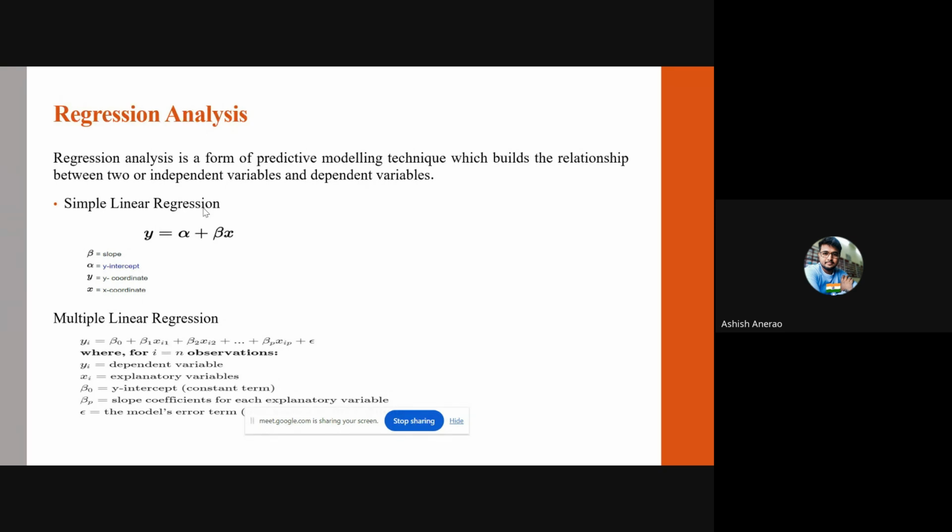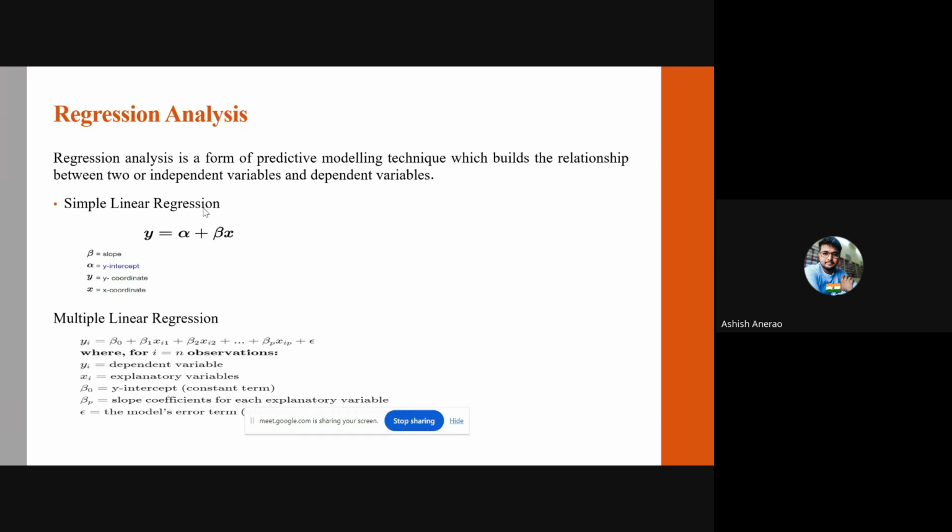This equation looks like a straight line equation, y is equal to mx plus c, where m indicates slope and c indicates intercept.